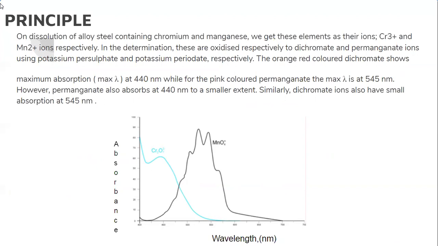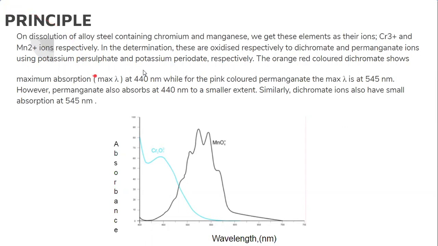When we dissolve the steel in nitric acid, the elemental chromium and manganese are converted into Cr plus 3 and Mn plus 2 ions. Further these are oxidized by using potassium persulfate and potassium periodide. Thereby we get Cr plus 6, which imparts an orange red color, and Mn plus 7, which imparts a red pink color.